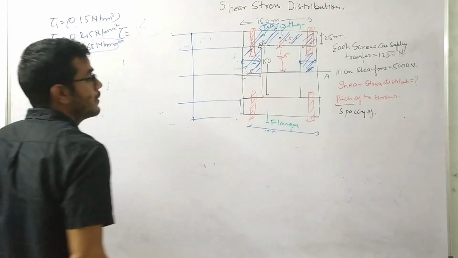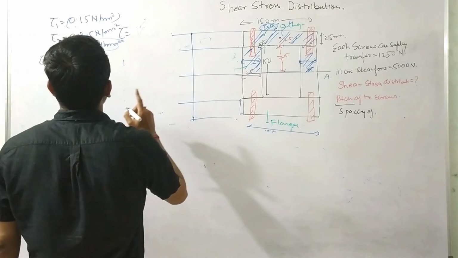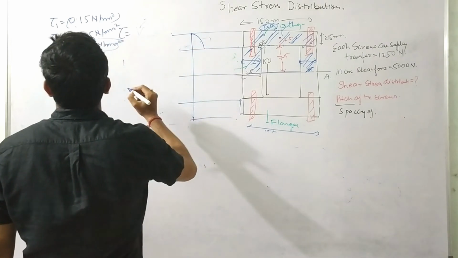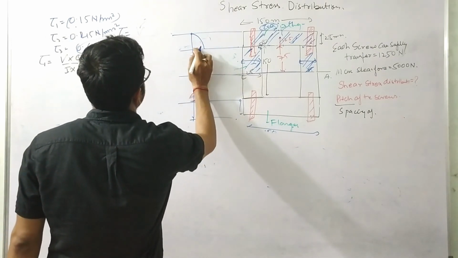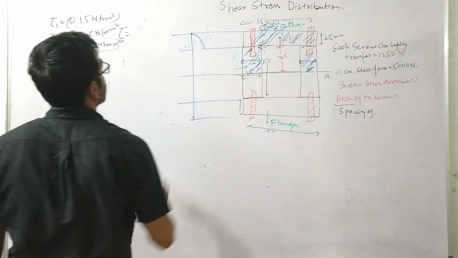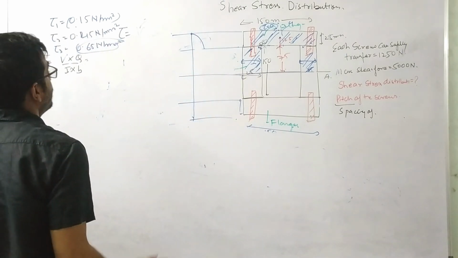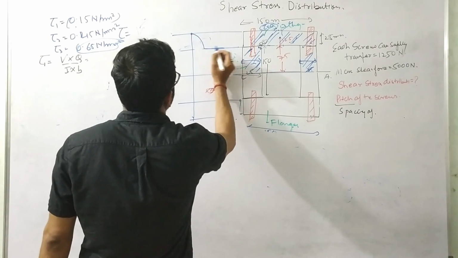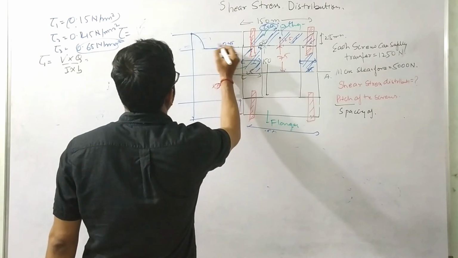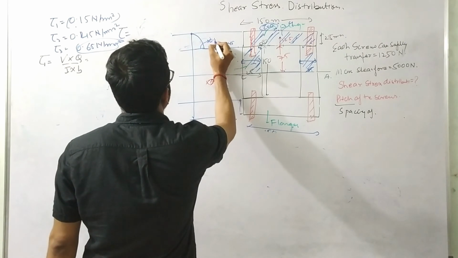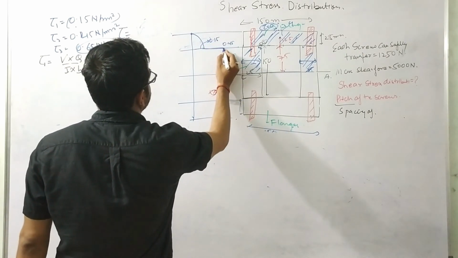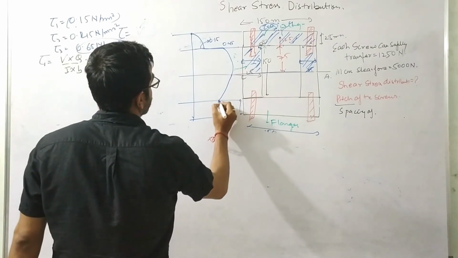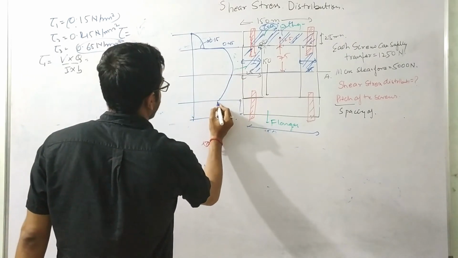Then tau just above the junction is 0.15, and below the junction it is 0.45. After that, the variation will be parabolic.